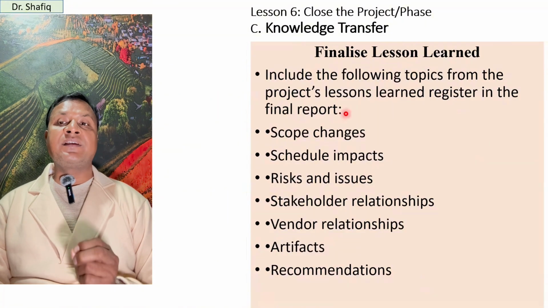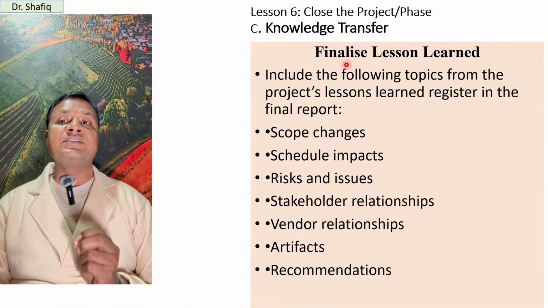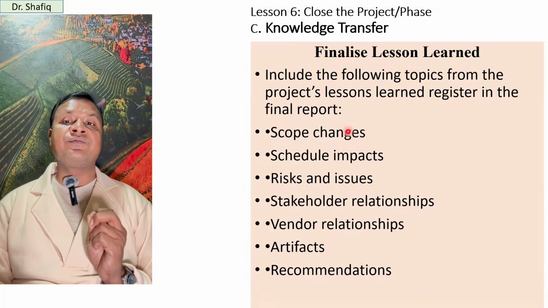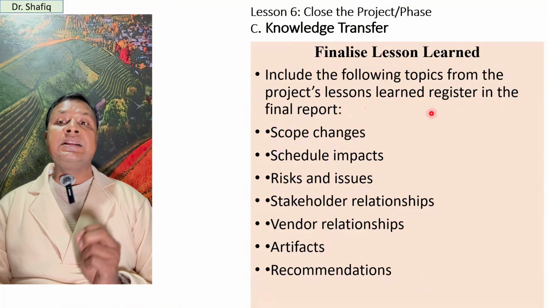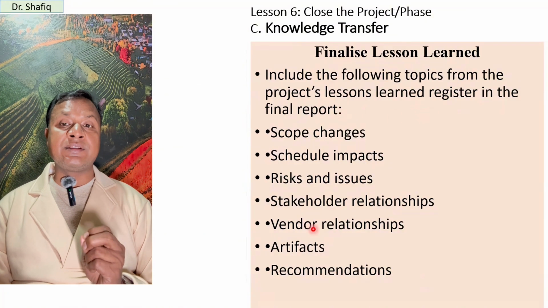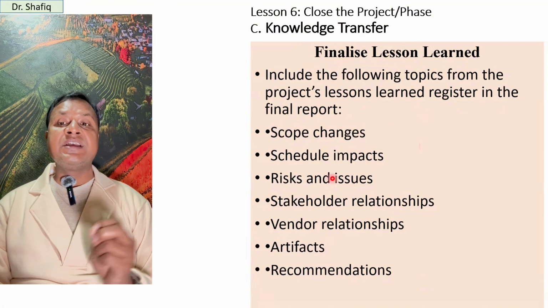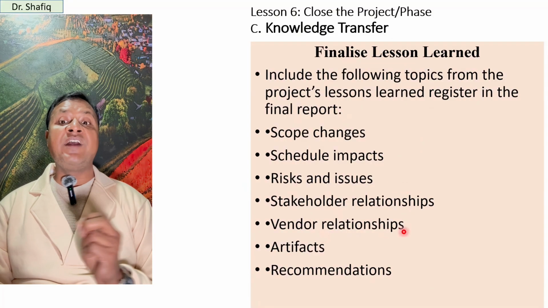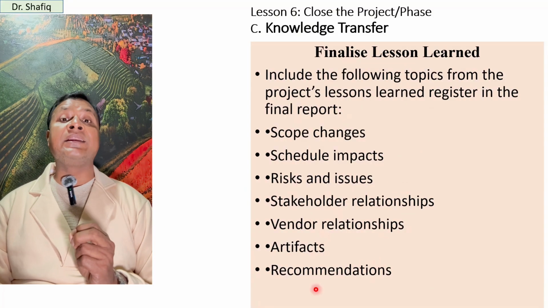So before finalizing, we should finalize the lessons learned. We can include the following topics from the project's lessons learned register in the final report: scope changes, schedule impacts, risks and issues, stakeholder relationships, vendor relationships, artifacts, and recommendations.